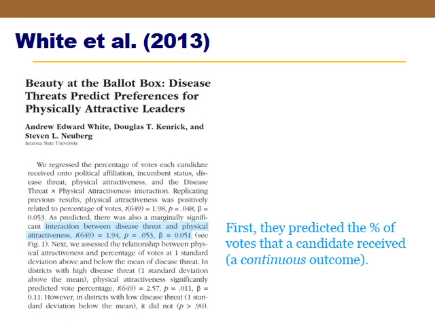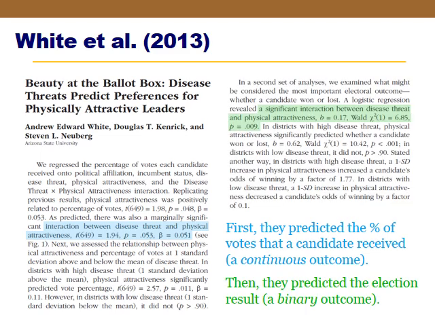They did it in two different ways, interestingly enough. So first, they did it where the outcome was continuous. Rather than trying to predict whether the person won the election or not, which is binary, they tried to predict the percentage of votes that a candidate received, and they did find a significant interaction there. Then they did what we just did. They predicted the binary outcome.